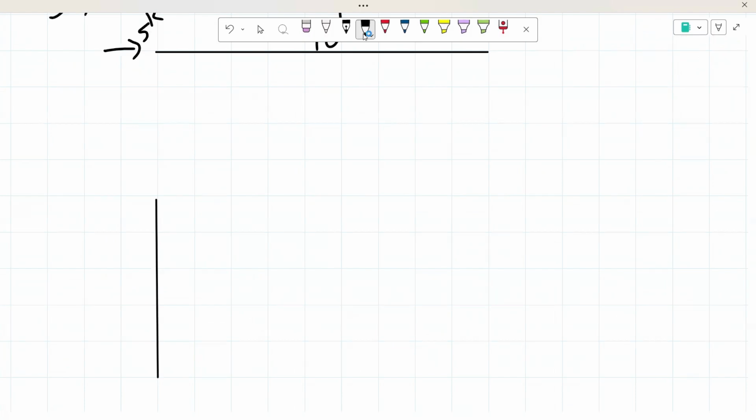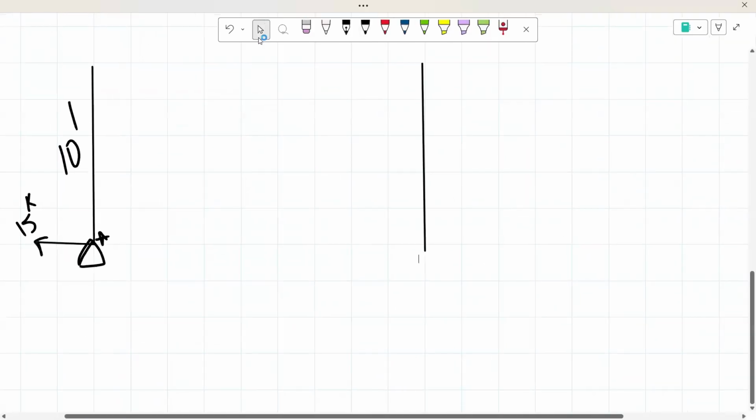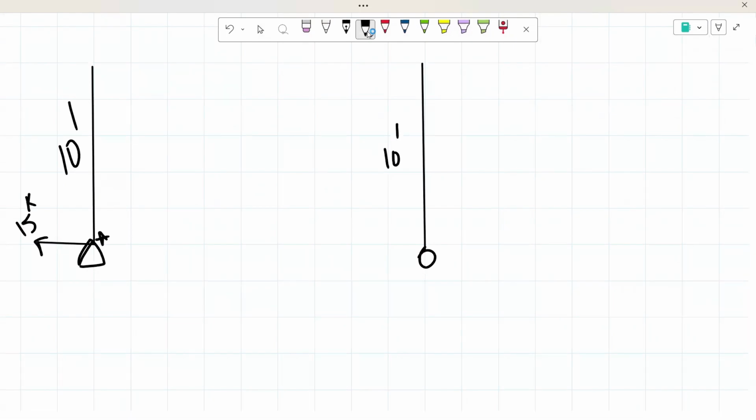We know that we have 15 kips acting to the right, sorry, to the left. That is a pin. And the span is also 10 feet. Now that we have that, we could proceed and draw the other side. We know that this is a roller, that it also has a span of 10 feet. We know that we have 10 kips going this way, and that we have a counterclockwise moment of 50 kip feet.